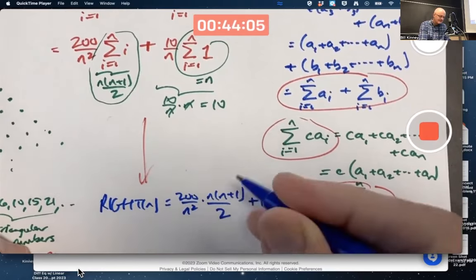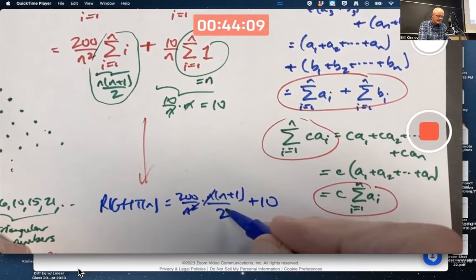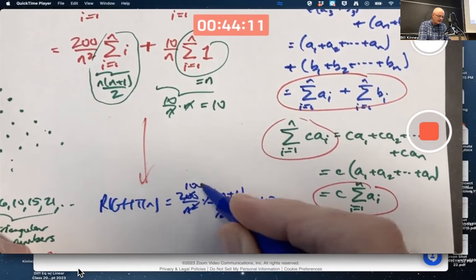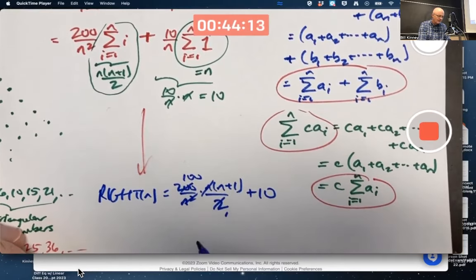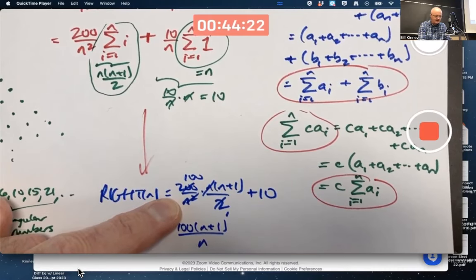Okay. One n can cancel. This 2 can cancel with the 200. I guess leaving me 100 times n plus 1 over n. Only one of those n's canceled there. Plus 10.